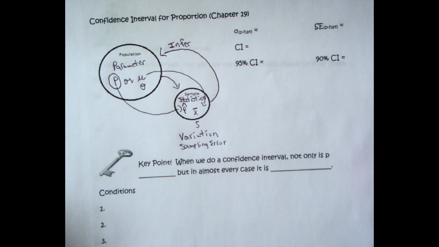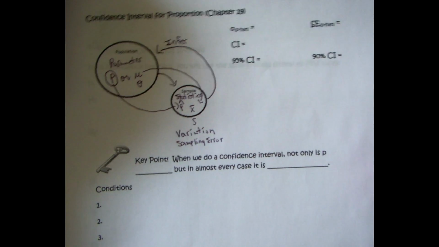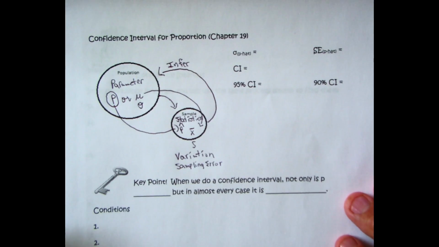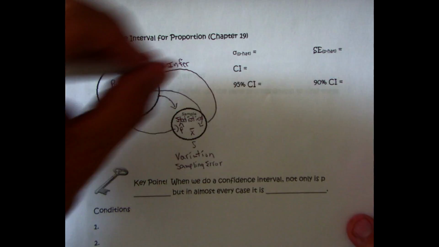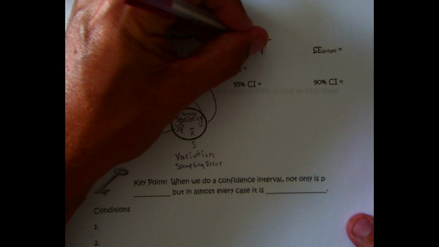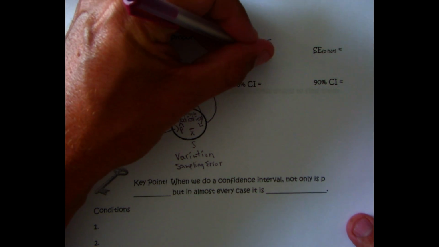So what we've looked at is that when we do a sample distribution, we know that the standard deviation of a sample distribution for p hat is going to be the square root of pq over n.